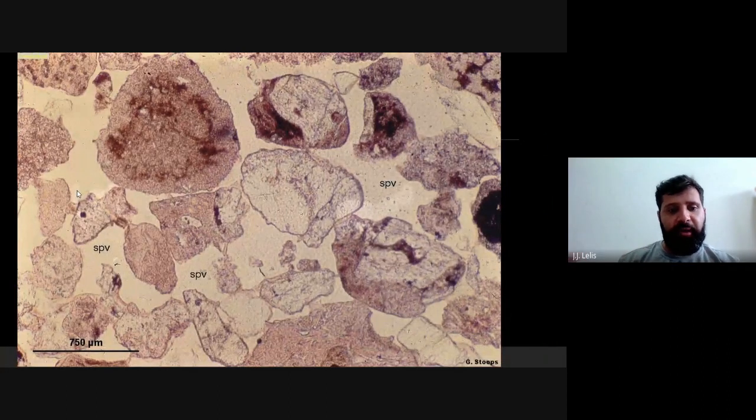The simple packing voids are composed by the packing of the coarse fraction. So how can I say this? As there are only coarse grains, sand and gravel grains, the spaces between these coarse materials are simple packing voids. So the simple packing voids are those voids that are formed between coarse grains, in this case, the coarse fraction.